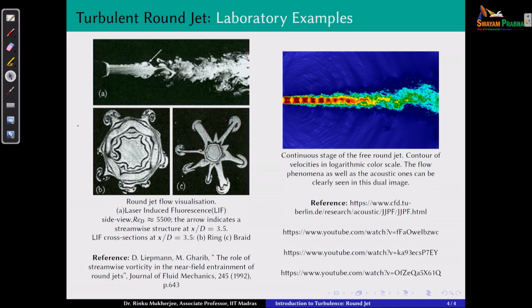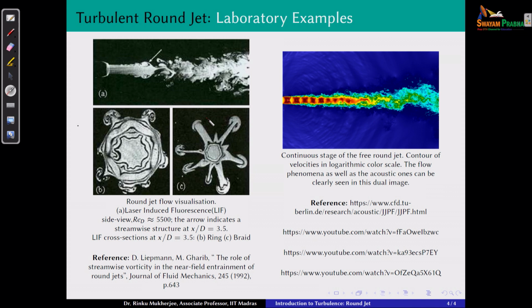Okay, so obviously you see the need to study turbulence and such kind of things, and hence researchers have gone into depth about studying these things, right? So hence I have a couple of laboratory examples out here. What you see on the left hand side here is essentially an experimental example.